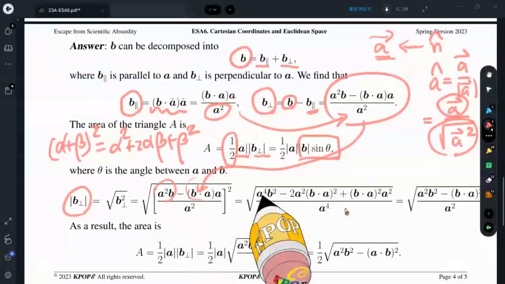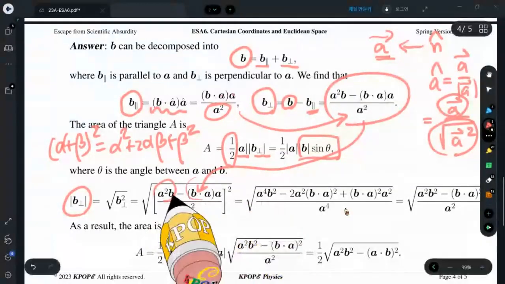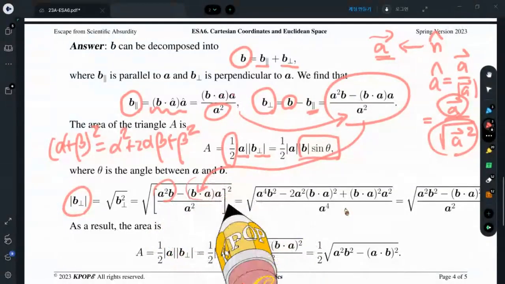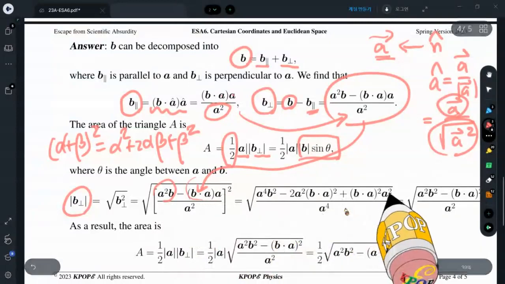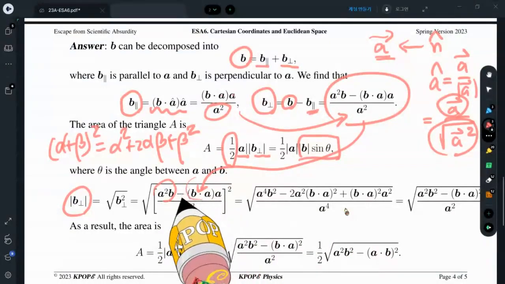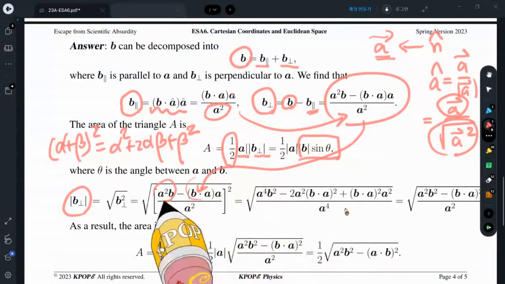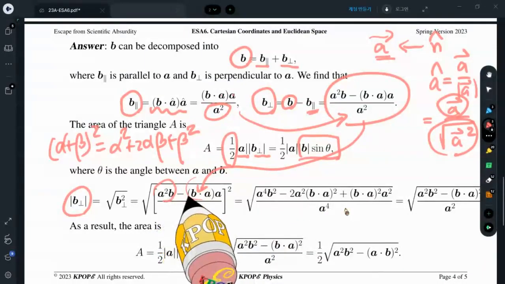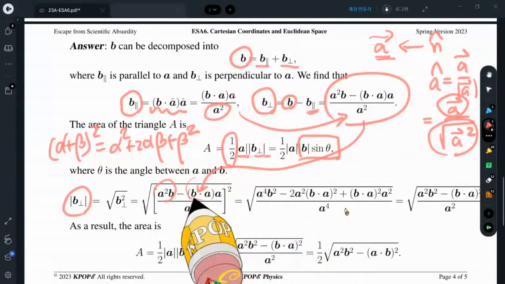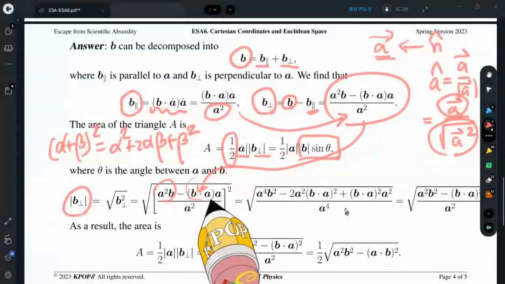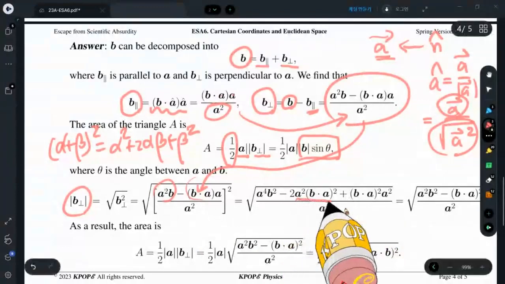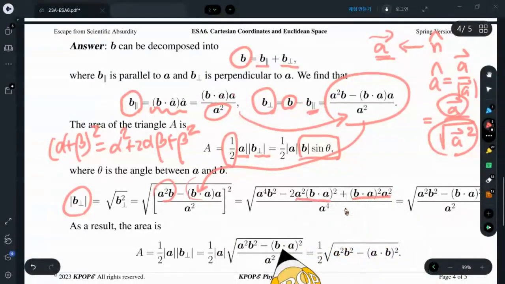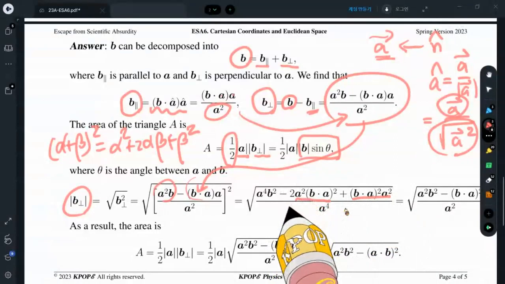We have A to the fourth times B squared, then minus 2 A squared (B dot A) squared, and plus (B dot A) squared times A squared. I notice these terms are similar; the only difference is a factor of minus 2 and plus 1.